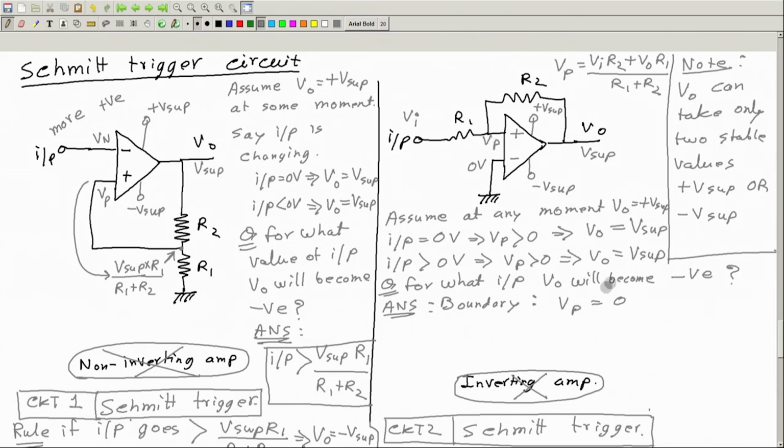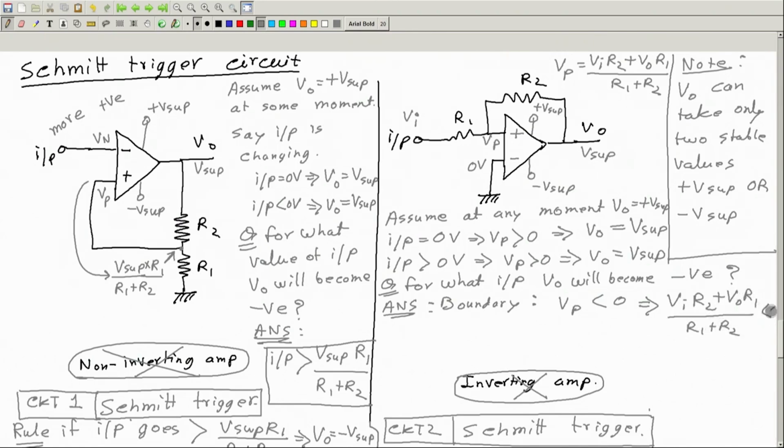We actually need V P to be slightly less than 0. So, let me write the value of V P from this: (V I R 2 plus V O R 1) divided by R 1 plus R 2.